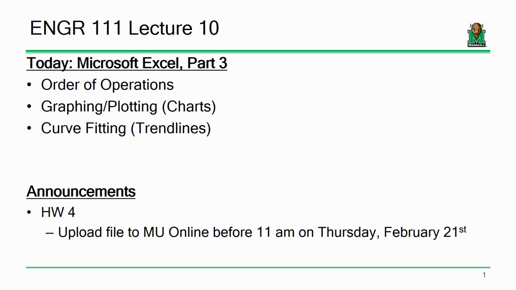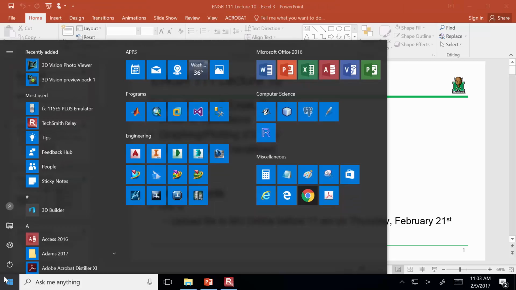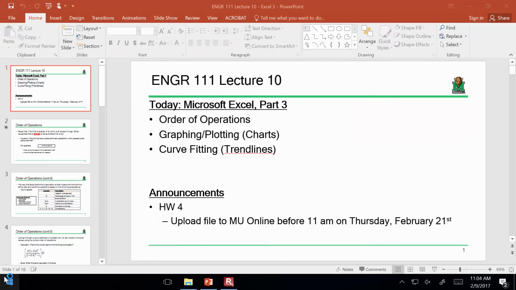Okay, so on the assignment, this is going to be another one that you submit online. And the starting file, we'll go to MU Online and take a quick look at that.